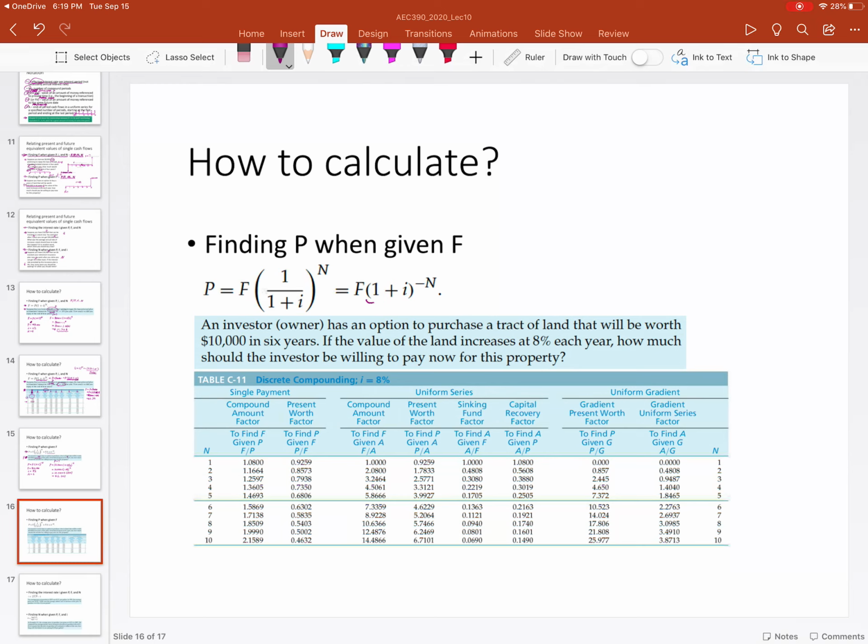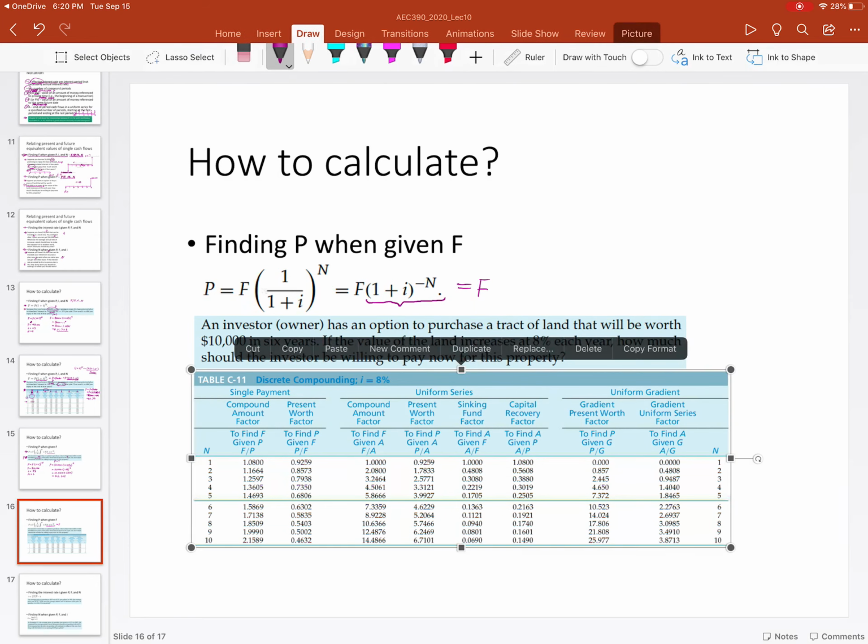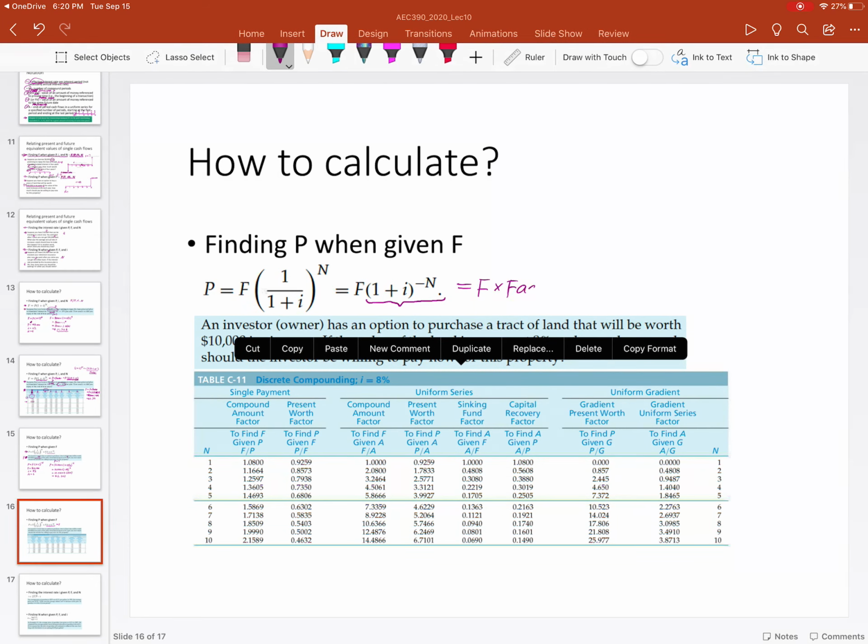Also, we can use the table method. Okay, look at this equation. This is also a term somebody can calculate for you in advance. Okay, they just use different combinations of I and N. And so that you can write this as F, the future value, times a factor. But here, this factor is going to be written in another term. Okay, so what term?